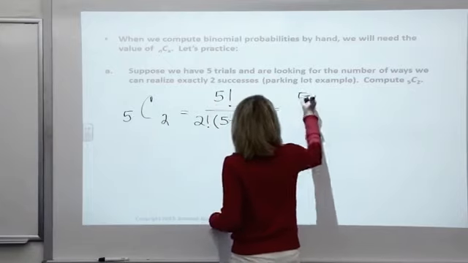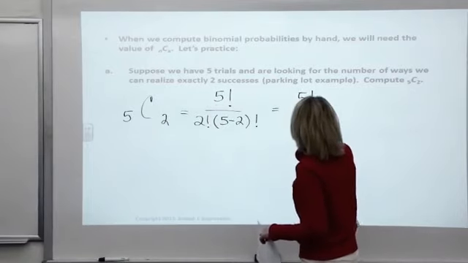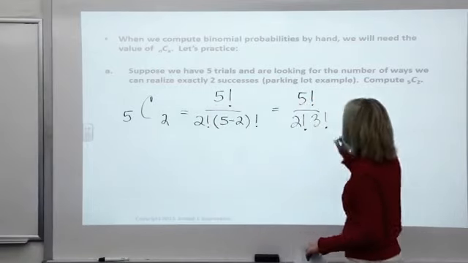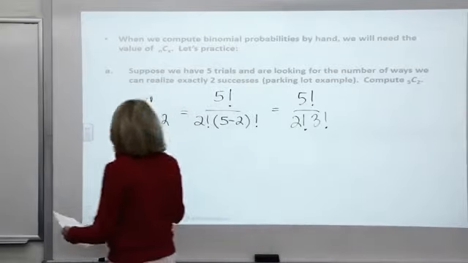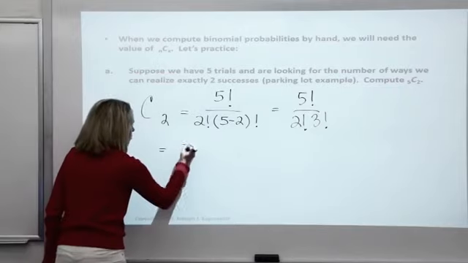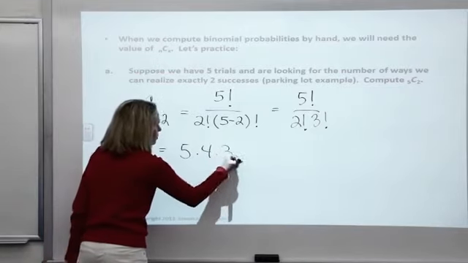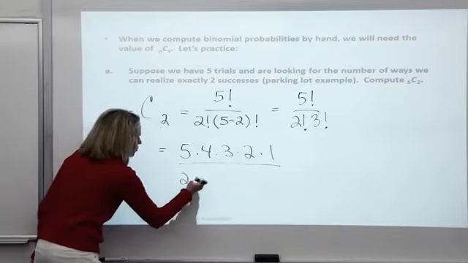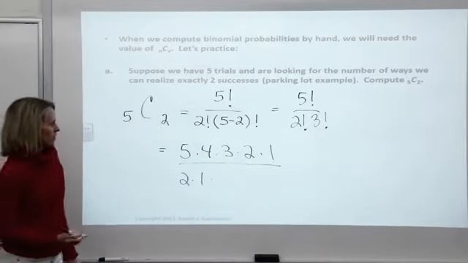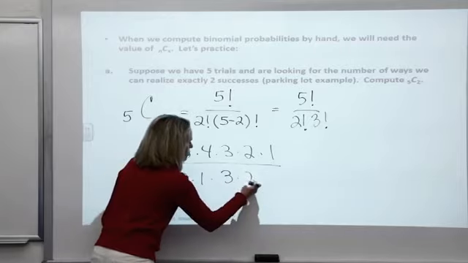So this is 5 factorial divided by 2 factorial times 3 factorial. And now if I write these factorials out, we could solve this. So 5 factorial is 5 times 4 times 3 times 2 times 1. 2 factorial is 2 times 1. 3 factorial is 3 times 2 times 1.